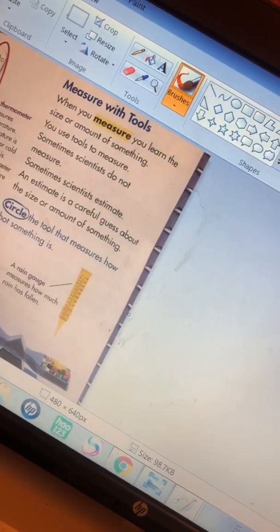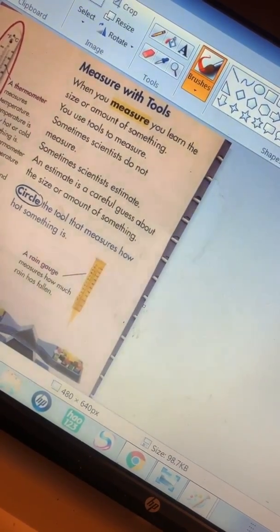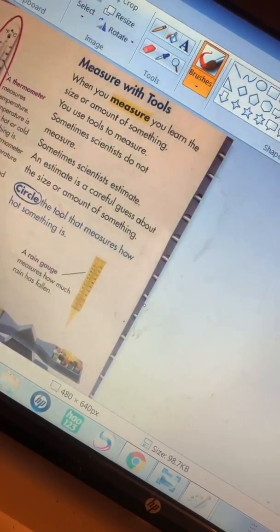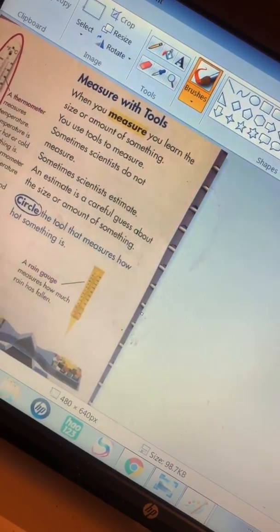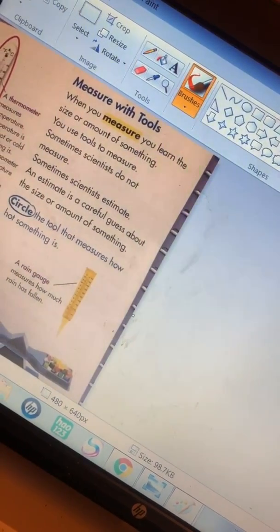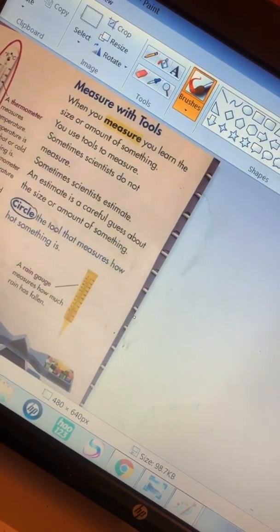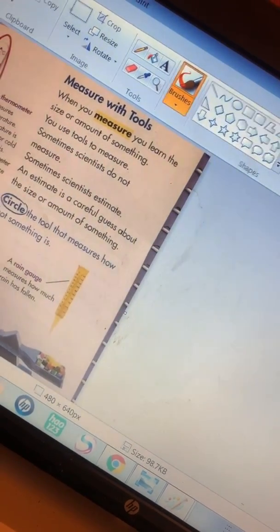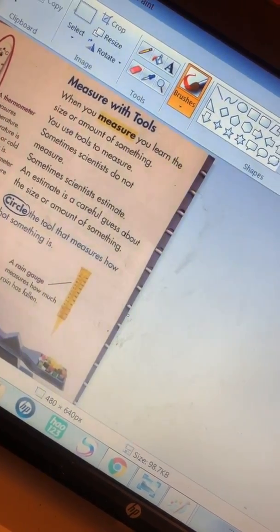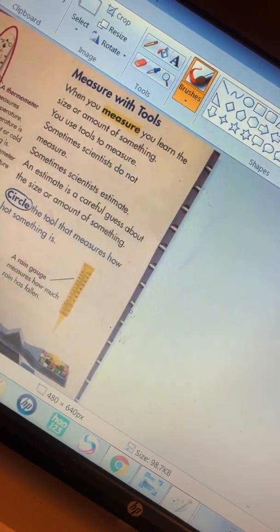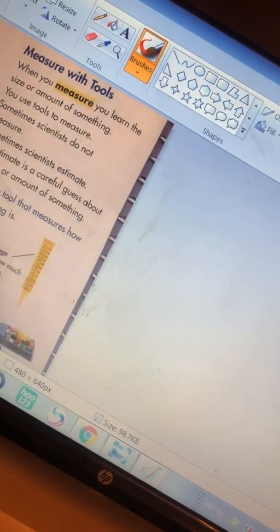So we measure to know how much, or what is the size, or what is the temperature. And we have many different tools to measure something.